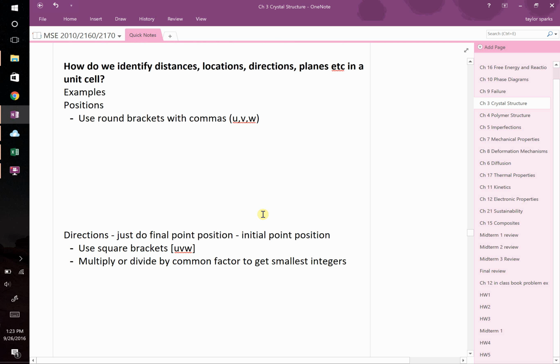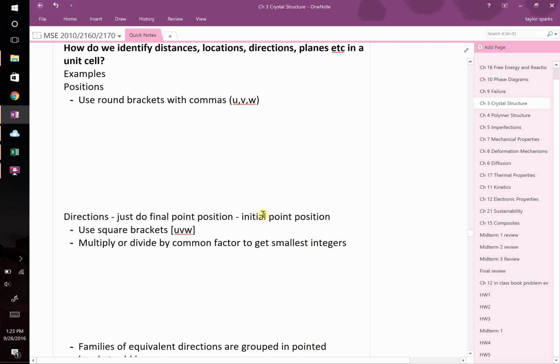So next up is how do we talk about distances, locations, directions, and planes, so that if I talk to somebody in Japan, they know exactly what I'm talking about in the crystal structure, right? That we all have something that we all use the same way. There are a few rules. First off, when you're talking about positions, you use round brackets with commas.